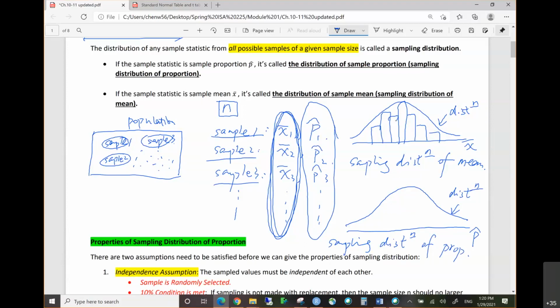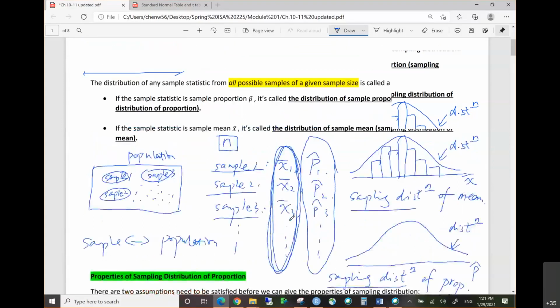All right, so based on the sampling distribution, we can learn the relationship between the sample and the population. We want to use the sampling distribution so that we can use the sample to estimate the population. All right, so this is where these sampling distributions come from.